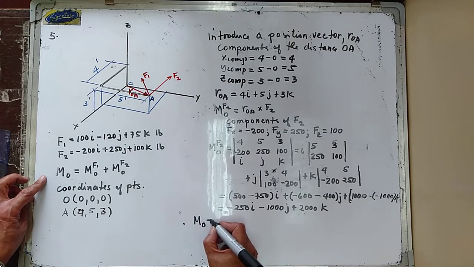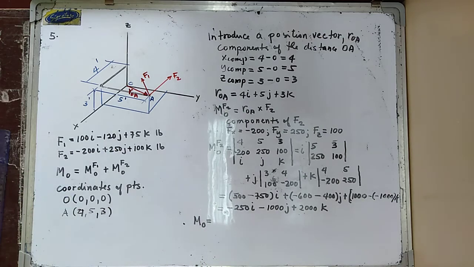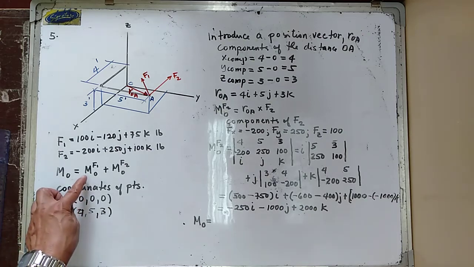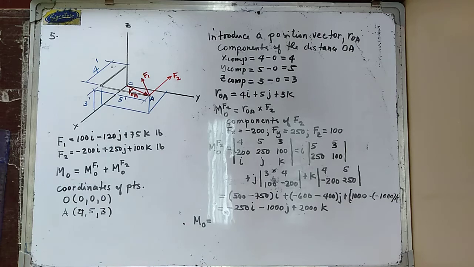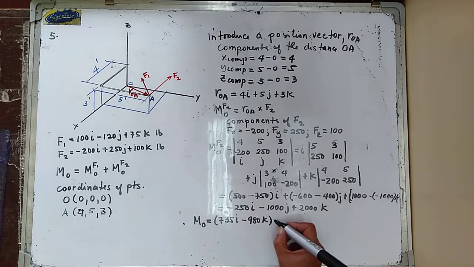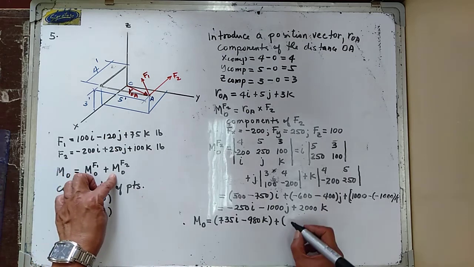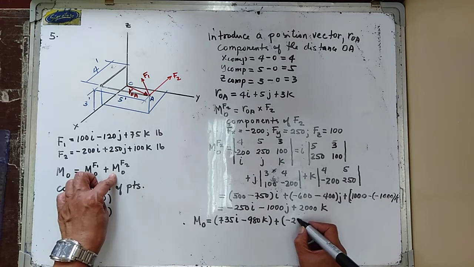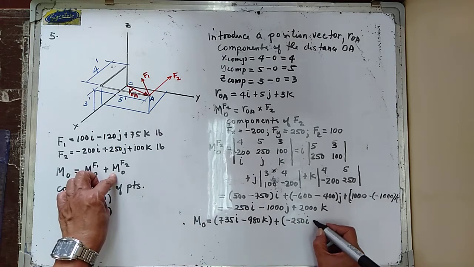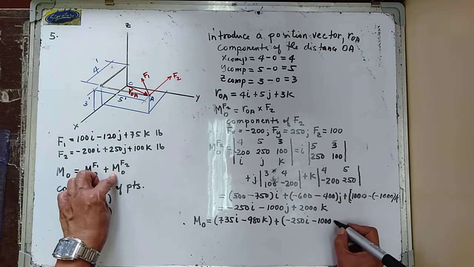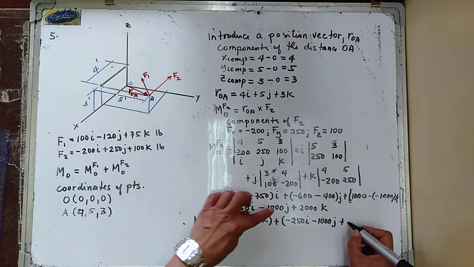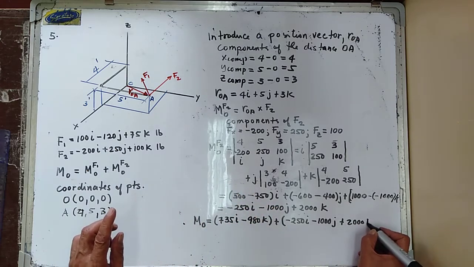So your MOF1 is 735i minus 980k, plus the moment of F2 about point O, which is minus 250i minus 1,000j plus 2,000k.